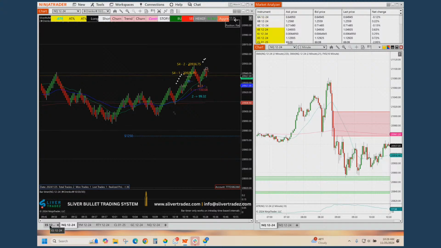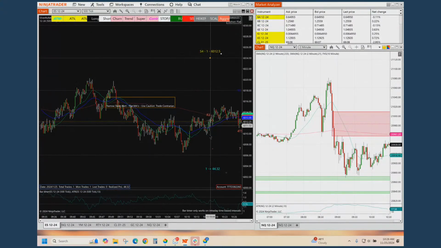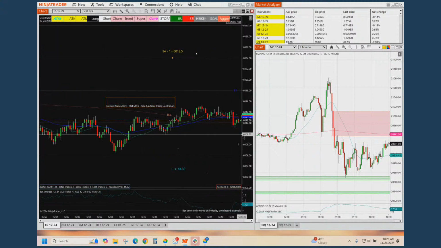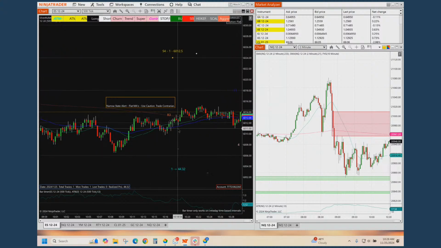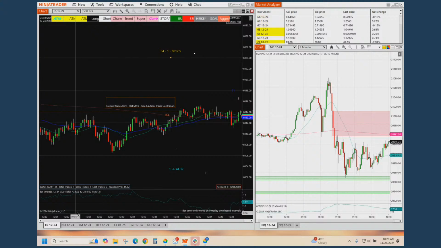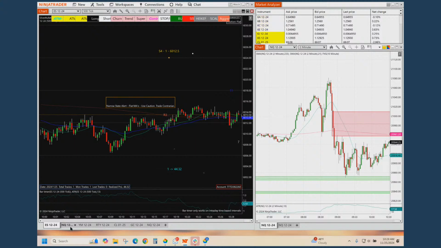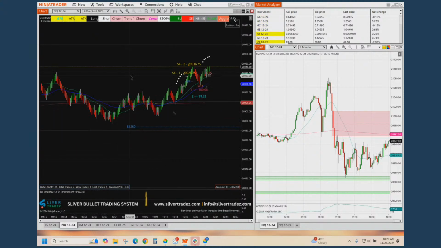Something happened here. Okay, there is a big drop. Big falling candle, and I got the bell that something happened. Okay, the market looks like it came down to grab some orders. And here I go, my contrarian trade.